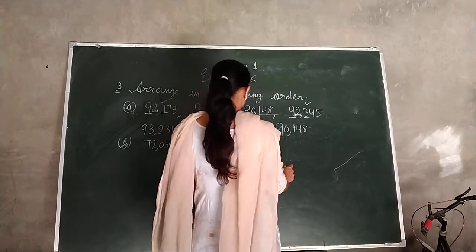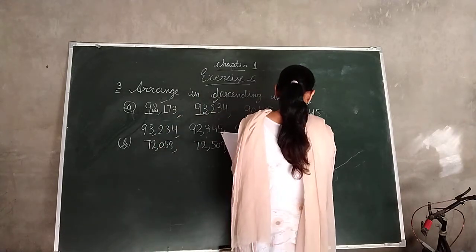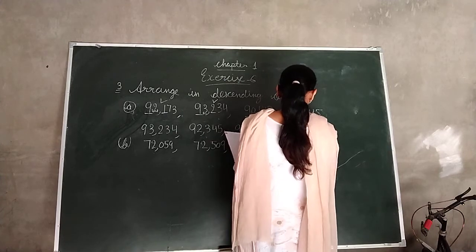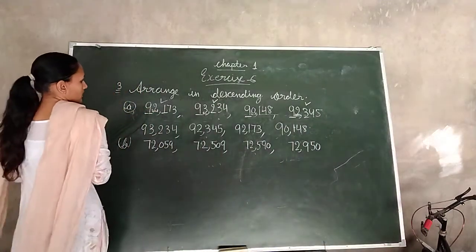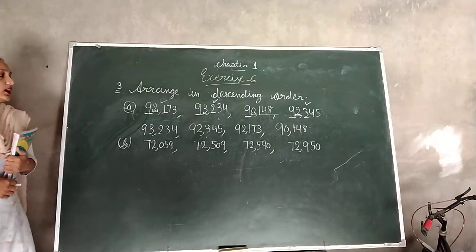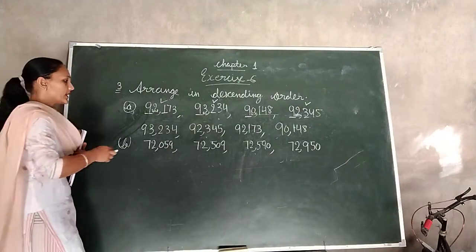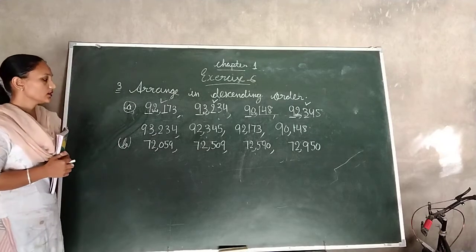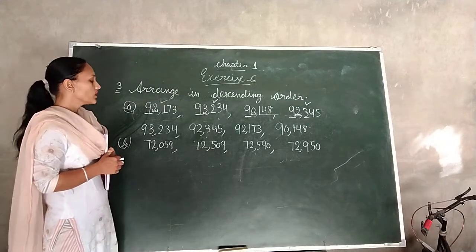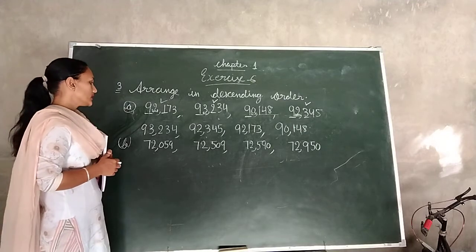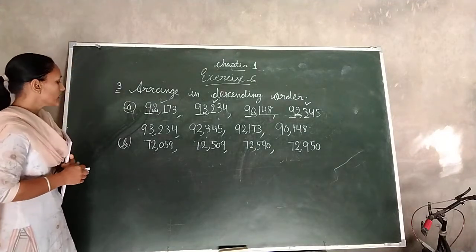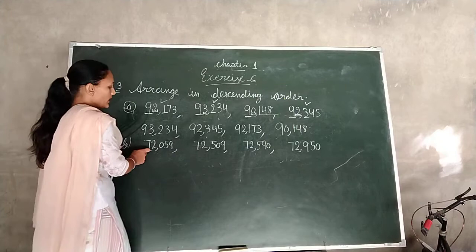Next 72,950. So we are going to find the greatest number. First of all, we will count the number of digits. All the numbers are of 5 digits. So next we will compare the digits in 10,000 place.